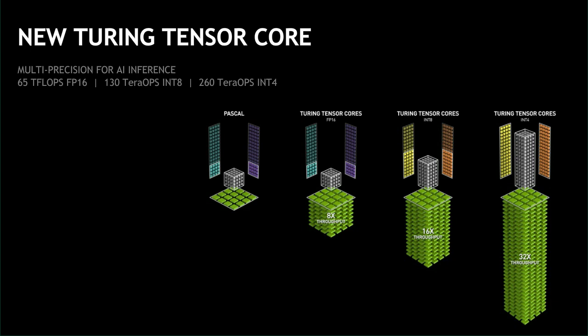NVIDIA also released several approaches to run inference in int4, with just about 1% accuracy loss. Compared with the previous Tensor Core introduced in the Volta architecture, Turing Tensor Core has the additional ability to run the inference in int4.